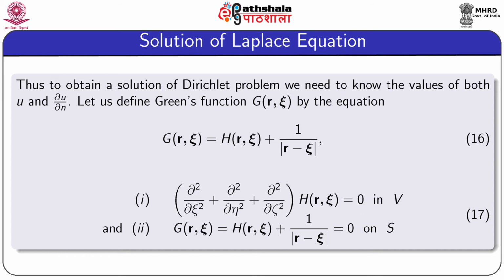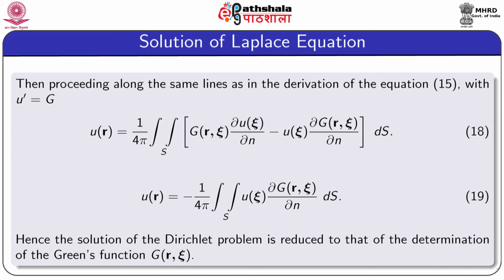That means H will satisfy the Laplace equation, ∂²/∂ξ² plus ∂²/∂η² plus ∂²/∂ζ² operating on H equals 0 on V. And we also assume that the function G is such that the value of G is equal to 0 on the surface S. So, if G satisfies this condition, the function G is called Green's function.